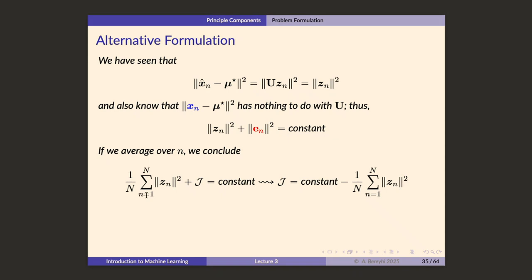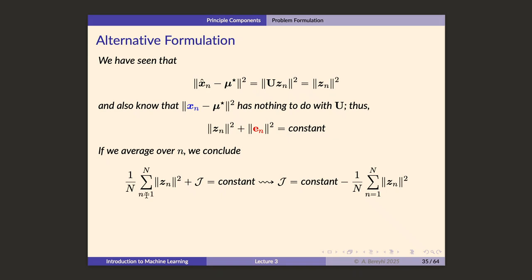Any clue? Any idea? I want to compute and minimize J, right? I do know that J is some constant minus some other term.